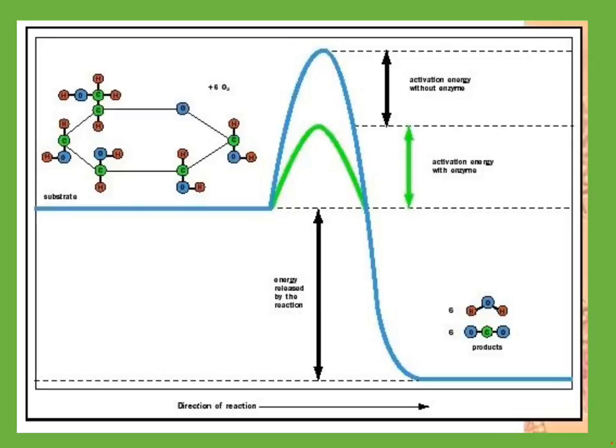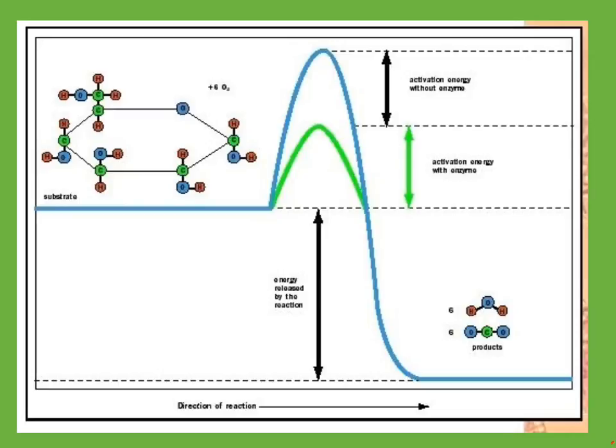In this particular reaction, at the end of it, you have 6 molecules of carbon dioxide produced, 6 molecules of water produced, and energy that is generated, which is simply the reaction of respiration catalyzed by the enzyme.